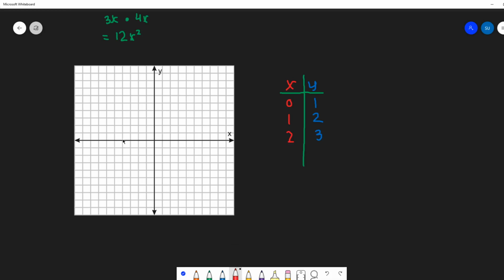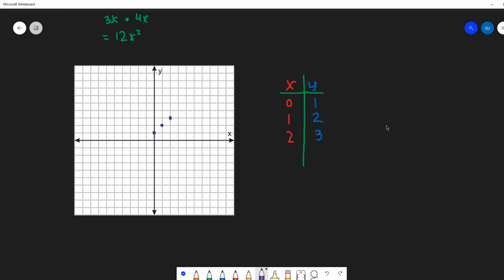You would look on the x-axis for the x coordinate, so 0, and then you would look at the y-axis for the y coordinate, so 1. So then this point would be right at 0, 1, so right here. And you do the same thing for the other points, so 1, 2, and you could do 2, 3.